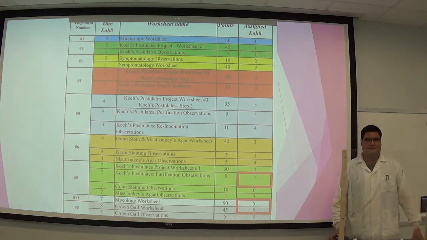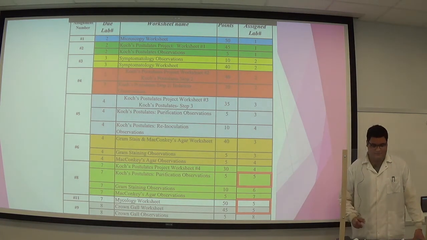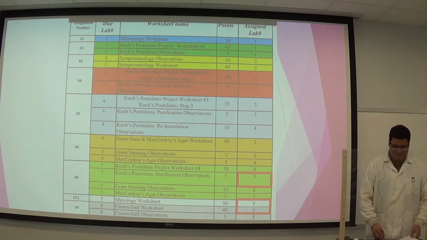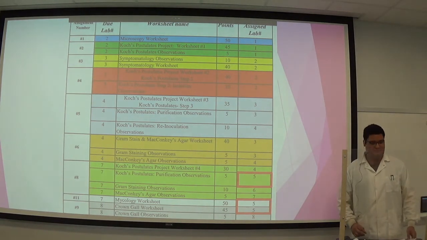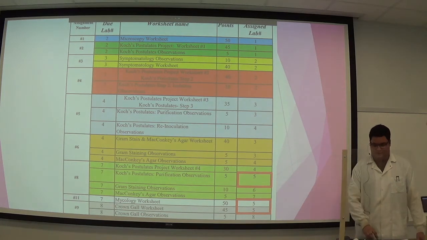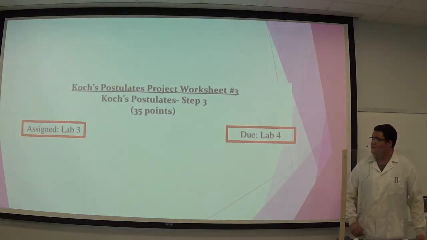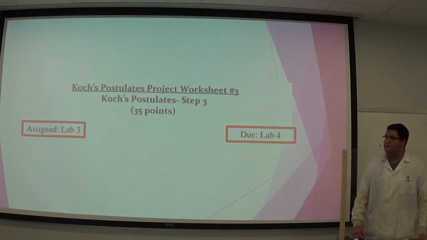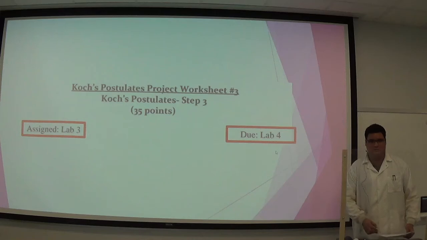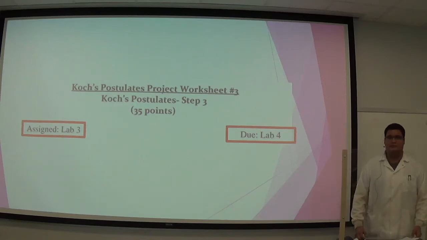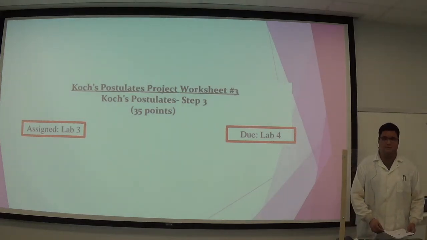The reason everything's all screwed up is because of COVID, so we apologize for all the confusion. Just hang on to this and follow it closely. And even then, at the top of the assignments, for example, a few weeks ago, we had assignment number 3. It'll tell you right then and there when something is assigned and when it's due. So if there's any confusion, just go ahead and look at that, or just email me or whichever TA is in charge of your section.